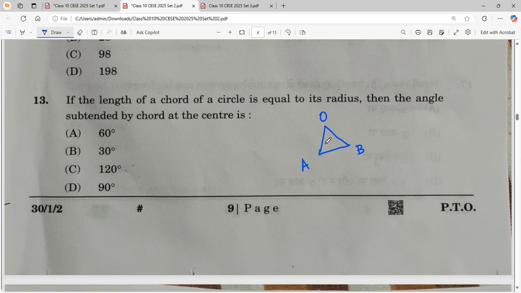If these two are radii, if the radius is equal to the length of the chord, then it becomes an equilateral triangle. Then the angle subtended by the chord at the center is 60 degrees, because in an equilateral triangle, all angles are equal to 60 degrees. So option A, 60, is the answer.